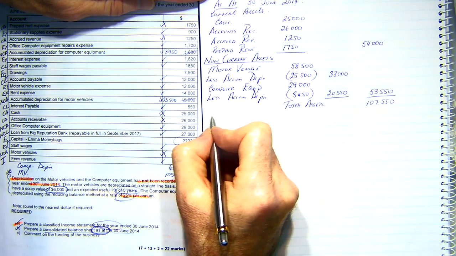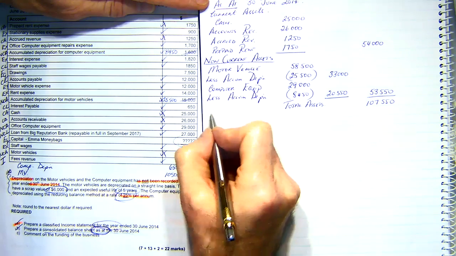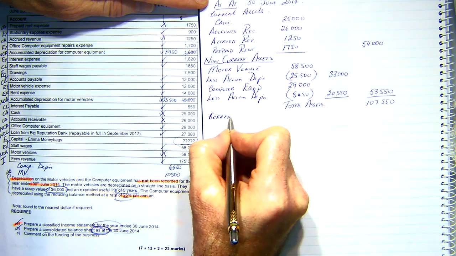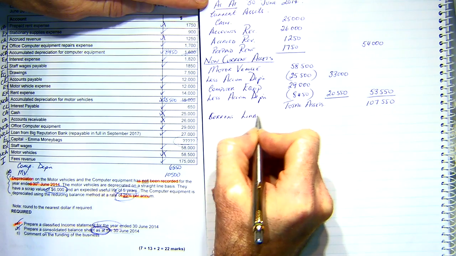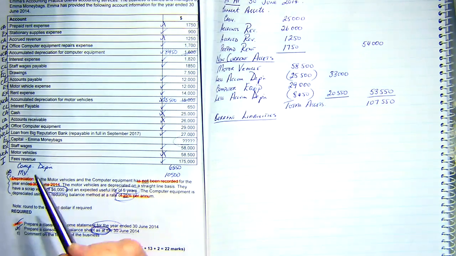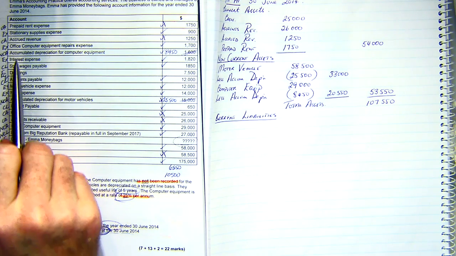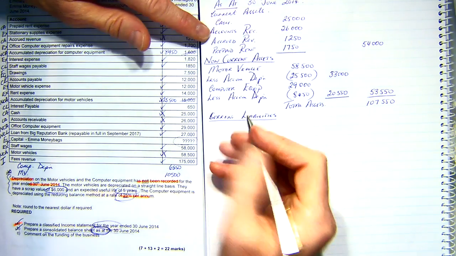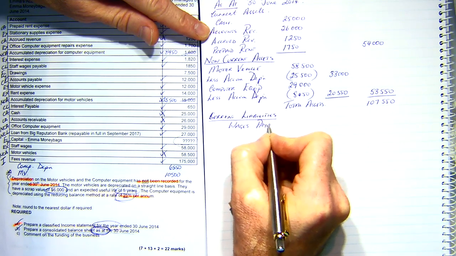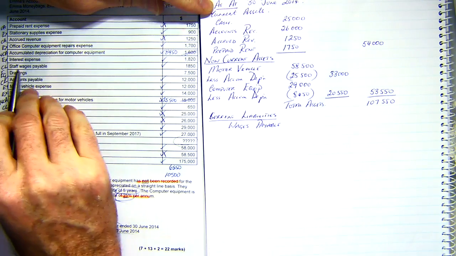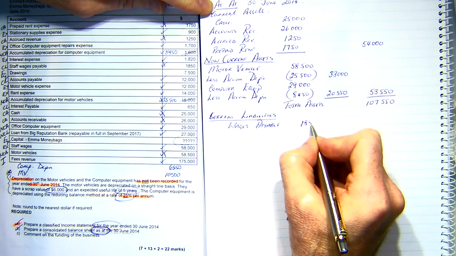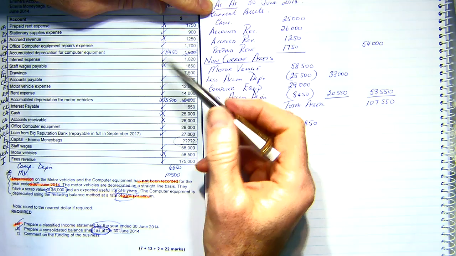Okay. Next, what do? Liabilities. And we'll just do current liabilities. Now I'll just do them in the way that they appear. Staff wages payable. Wages payable was 1850. What's my next?